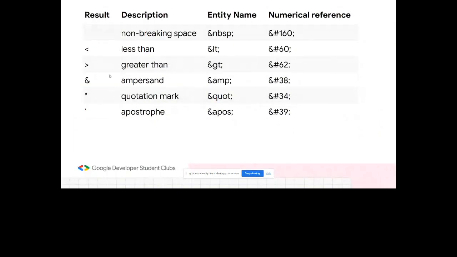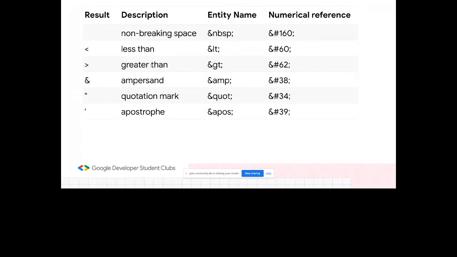Like non-breaking space. Non-breaking space is nothing but spacing. If you would like to insert some space between your words or sentences, then you can use ampersand nbsp semicolon. This is the entity name, and numerically you can represent it in this manner.